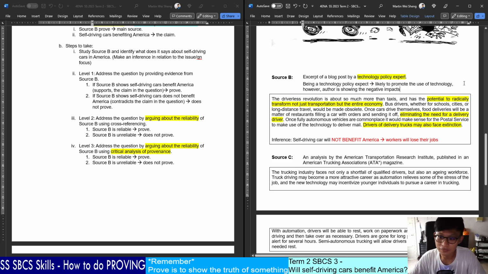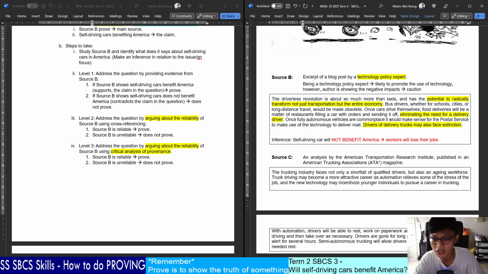Instead of trying to promote the use of technology, the author here is trying to show the negative impacts. If he talks about the negative impacts, what is the reason behind it? If we look once again at his role, he is not only a tech expert, he is an expert on the policy related to technology. So why do you think he wants to caution about the negative impacts?